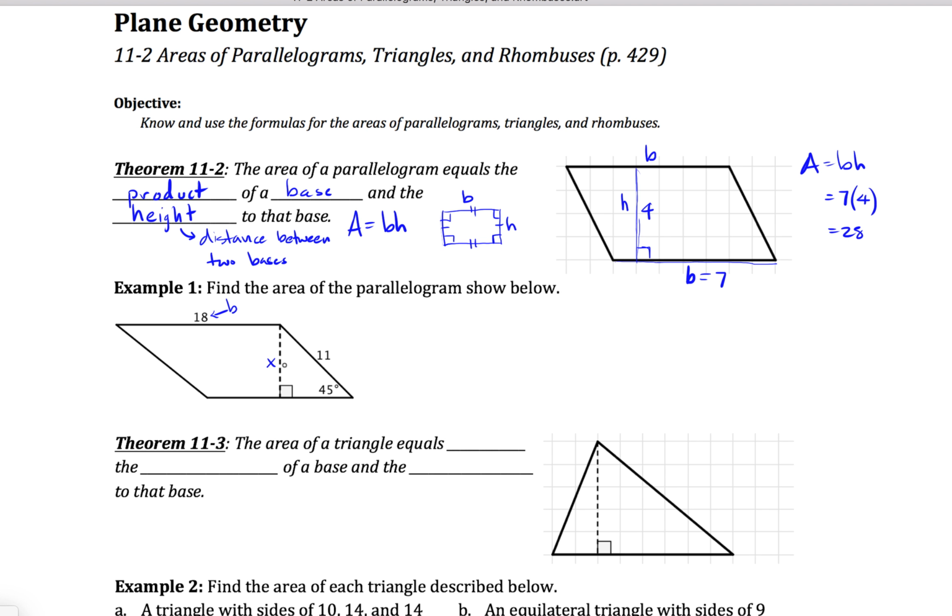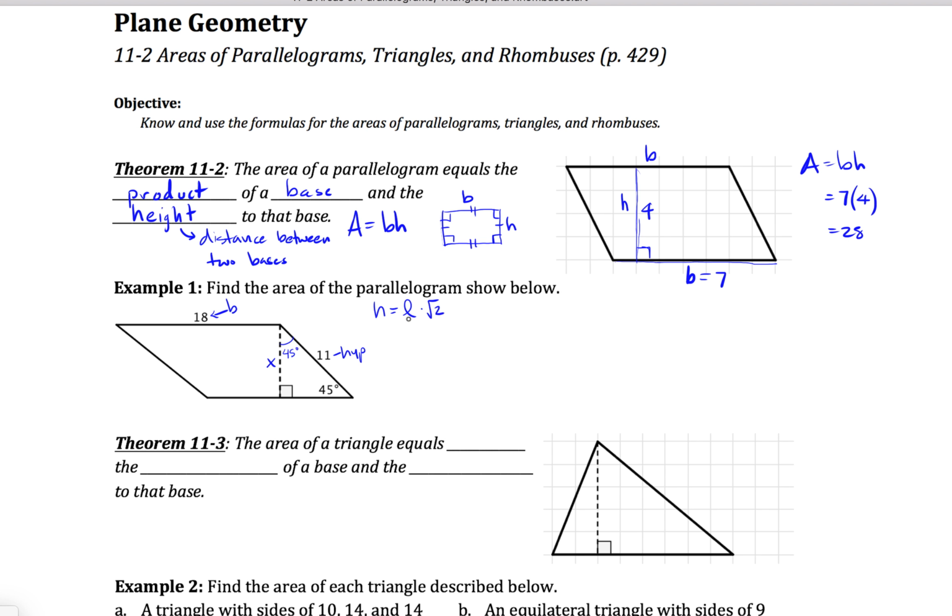But what you might notice is that this triangle right here is a 45, 45, 90, right? If this is 45 and that's 90, that means that that must be 45 degrees right there. So this is a 45, 45, 90 right triangle where I know the hypotenuse is 11. So if I remember back from a couple chapters, I know that the side lengths of a 45, 45, 90 are related in this manner.